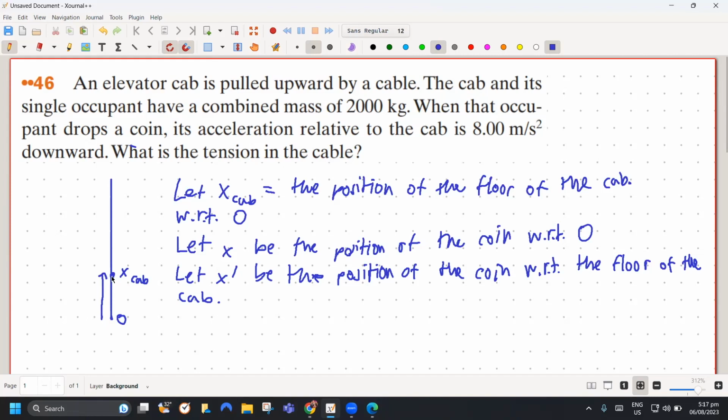Yung X cab is yung position ng floor ng cab, hindi naman on the floor yung coin eh. So again, from the origin, going up to X coin, may arrow na nagre-represent ng position vector niyan. Use the same color. Beside yung arrow na dinrowing mo, mag-drawing ka ng arrow from ground level to X coin.